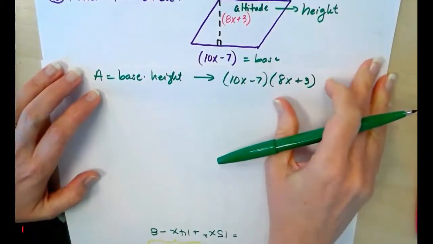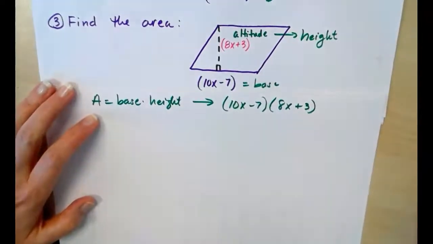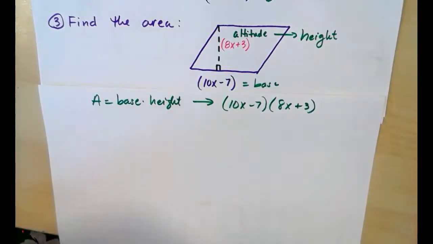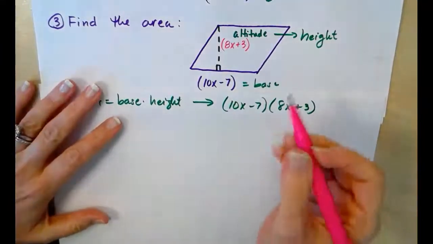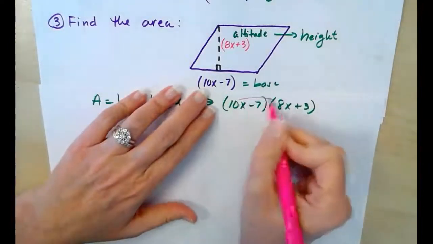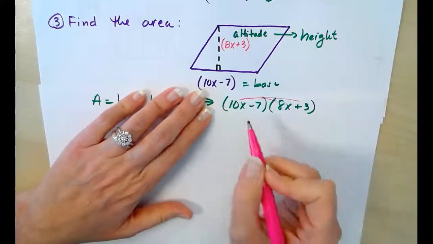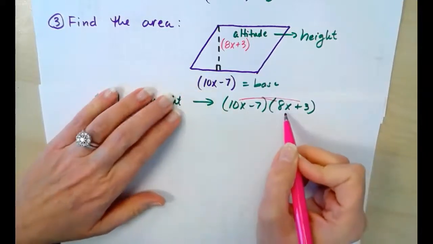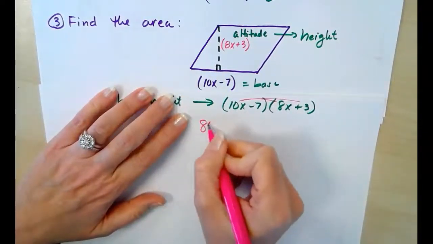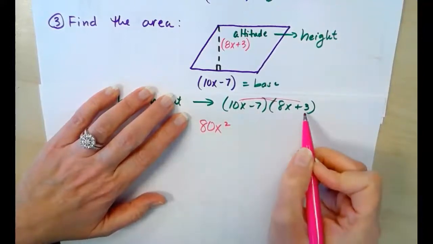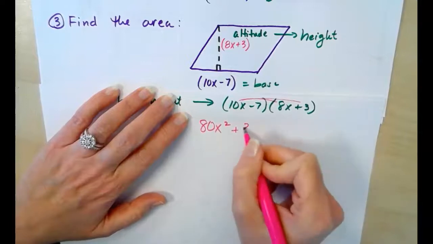This time, let's use the vertical stacking method to put our like terms together. We're still going to do a double distribution, so first we're going to take the 10x through. 10x times 8x is 80x squared. 10x times 3 is plus 30x.